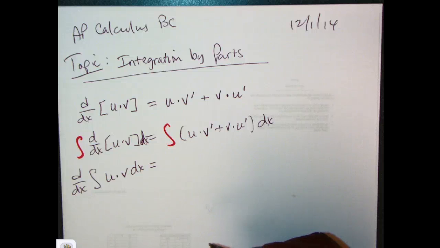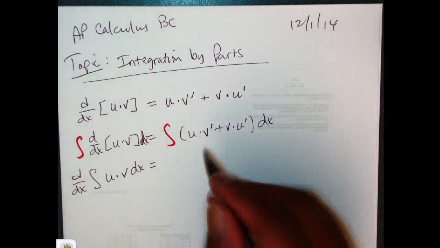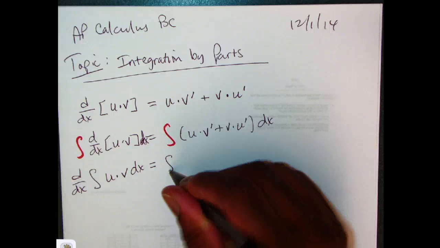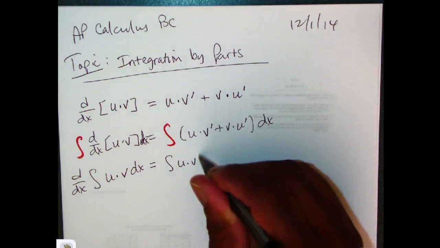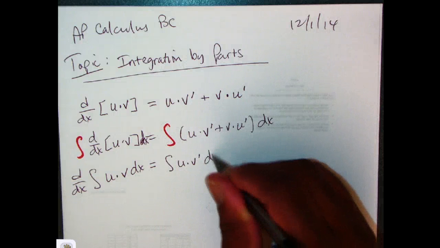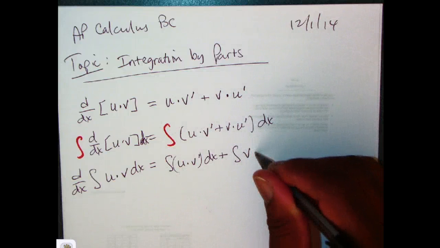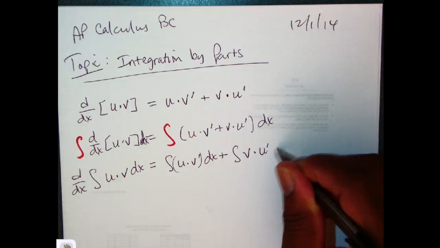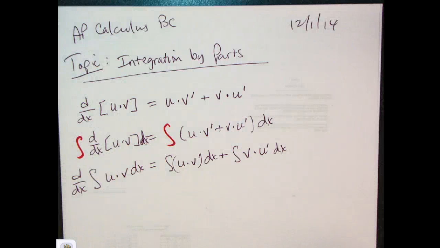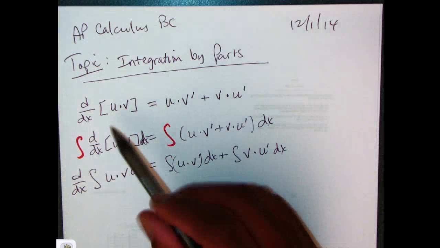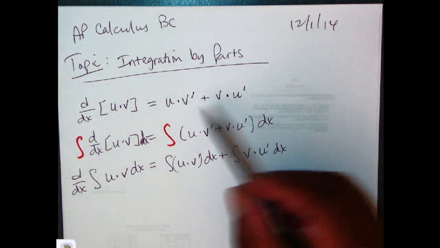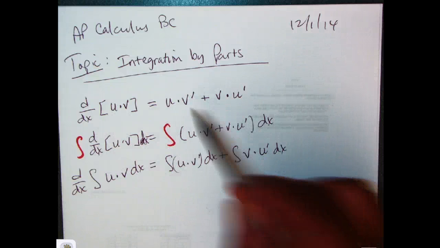And that's equal to, and now we're going to go ahead and split these two up. So that's the integral of u times v prime dx plus the integral of v times u prime dx. Okay. Now we need to remember that this v prime and u prime, well, we took the derivative with respect to x.